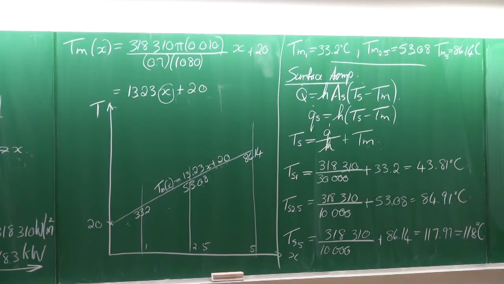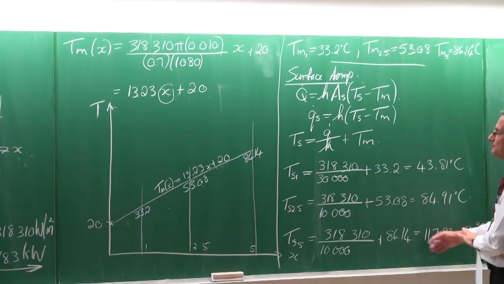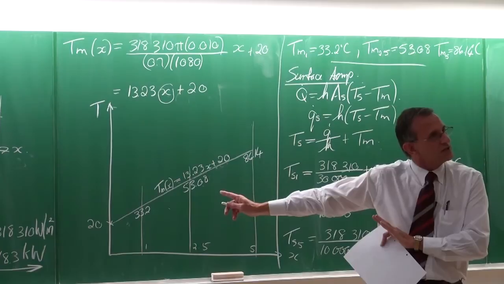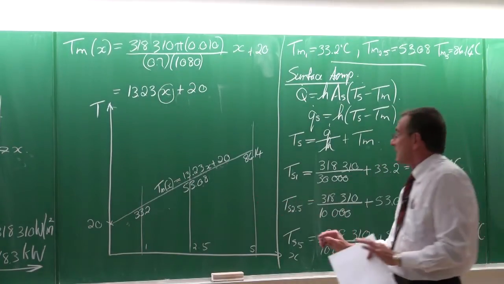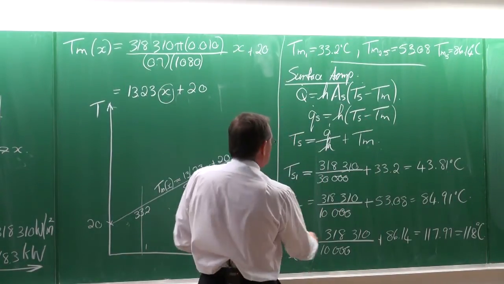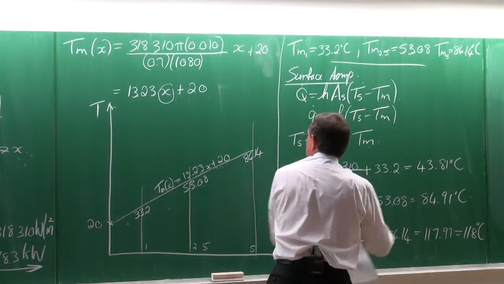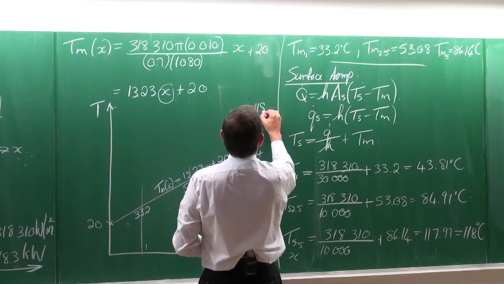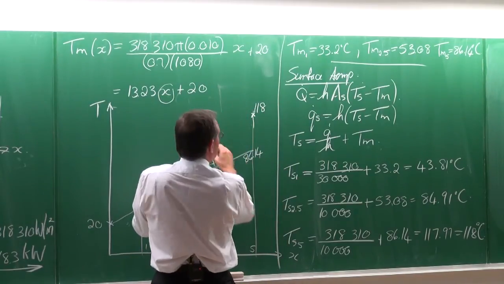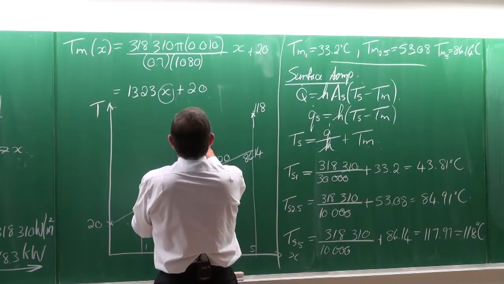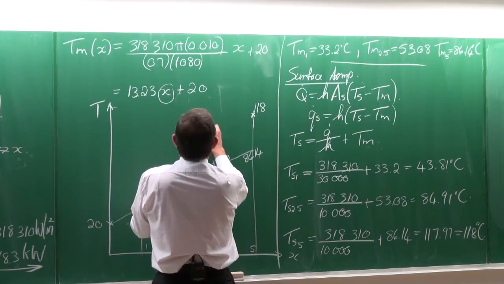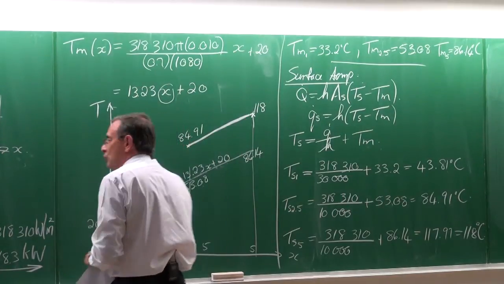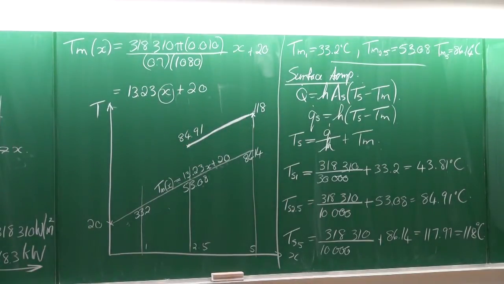Right, if we now take these values and plot them, we're going to get something very interesting and very important. If you look at these two cases, that temperature is now 118, and that temperature is 84.91, because the heat transfer coefficient is a constant.